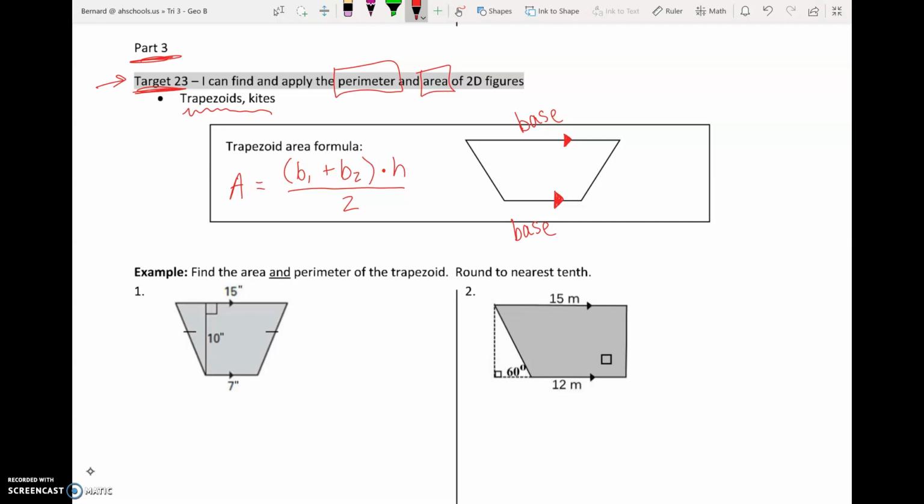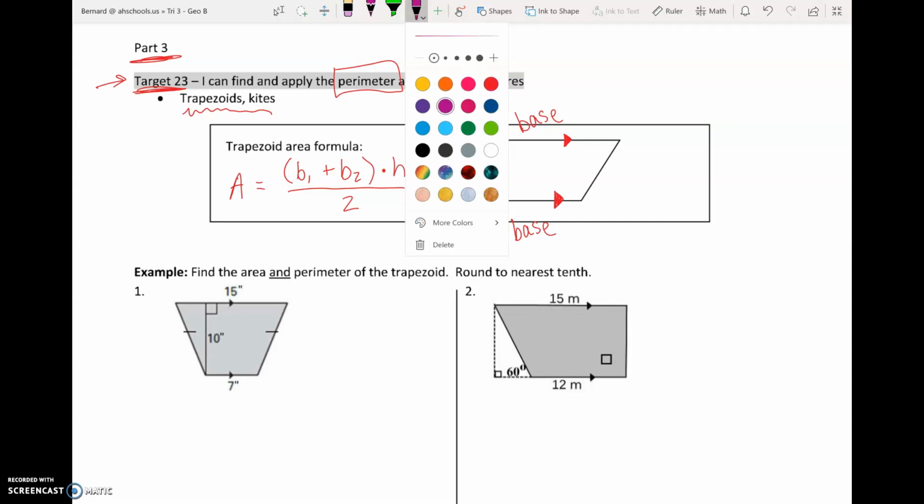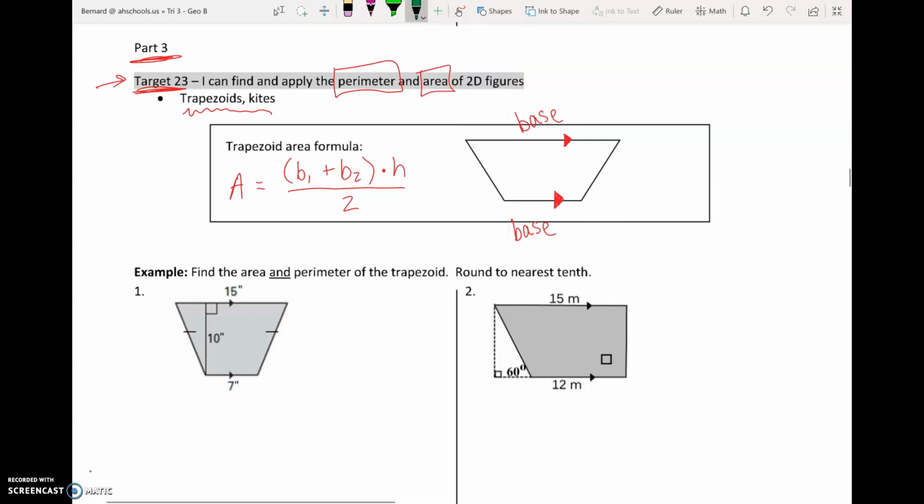It doesn't matter which one's 1 or 2, but one of those numbers goes into B1, the other goes into B2. And then our height, you actually can't see it in this picture, and you'll understand why in just a second. Our height works just like the heights have been working for triangles, parallelograms, and the other shapes. Our height always has to make a 90-degree angle with our base. Neither of these two sides is making 90-degree angles with any of the bases.